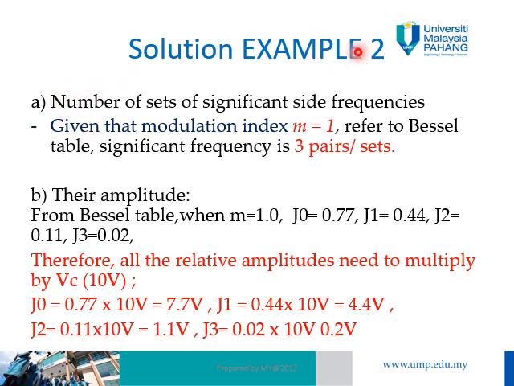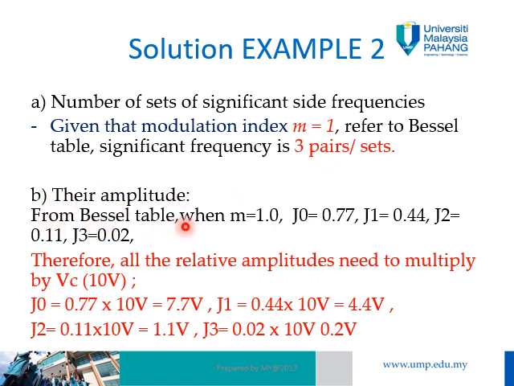Okay, the solution. The number of sets of significant side frequencies, given that the modulation index m equal to 1: refer to the Bessel table. The significant frequency is 3 pairs, or 3 sets. So m equal to 1, the significant side frequency is 3 sets. B, the amplitude.